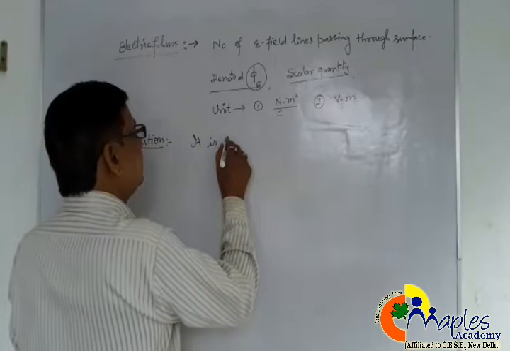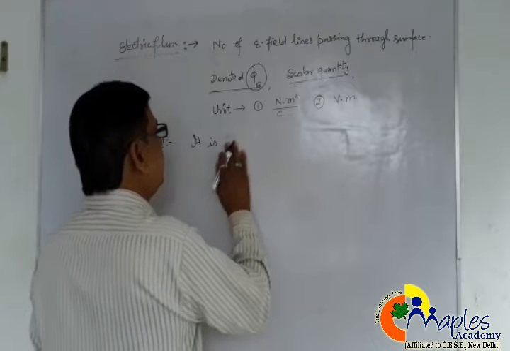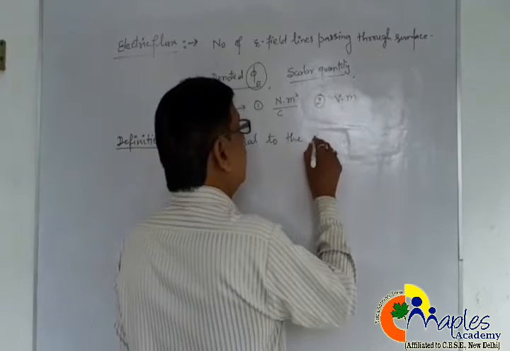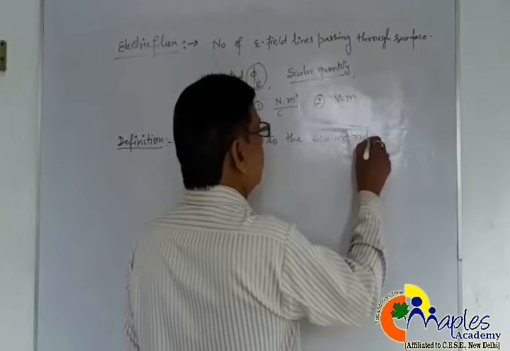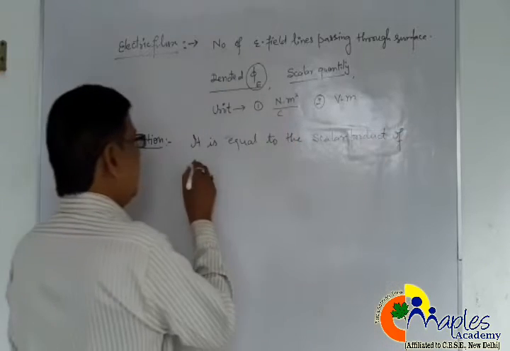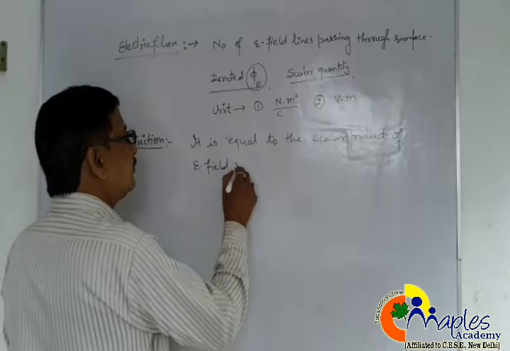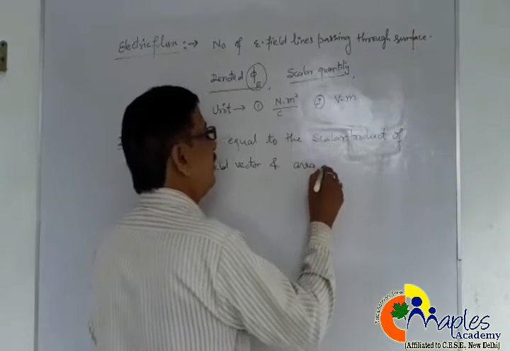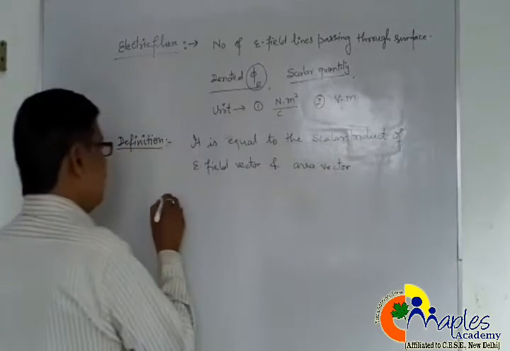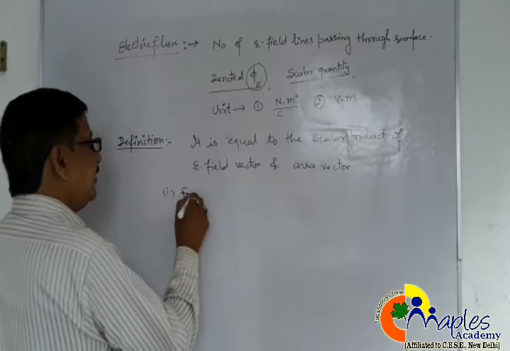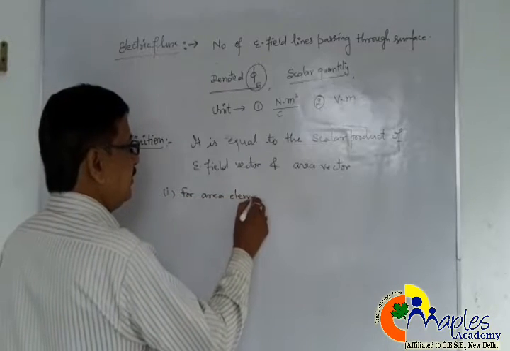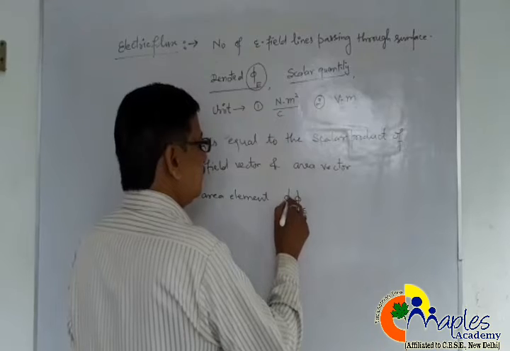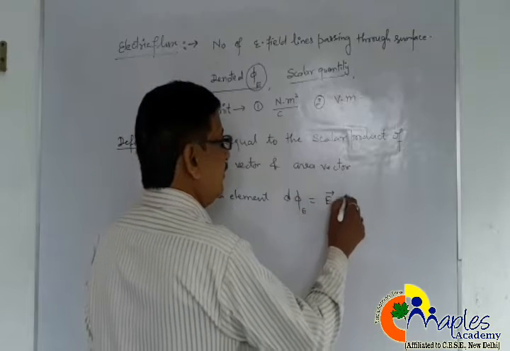First, for area element, d phi E equals E vector dot dA vector.